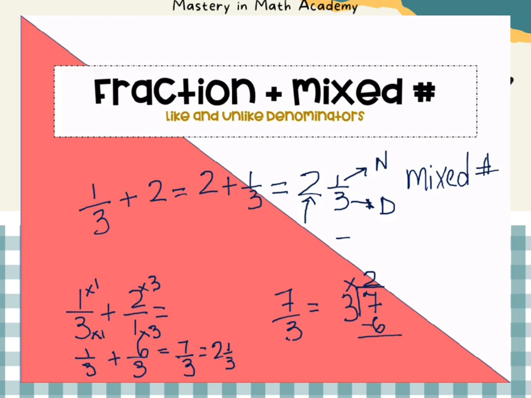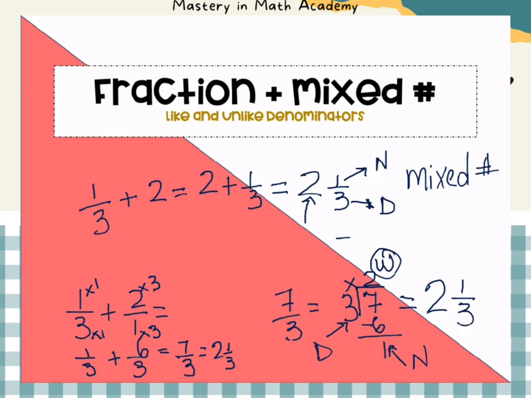When we subtract that, we get 1, and then we rewrite it. The 2 on top is our whole number, whatever is remaining is our numerator, and you keep your denominator as 3. Do not change it.